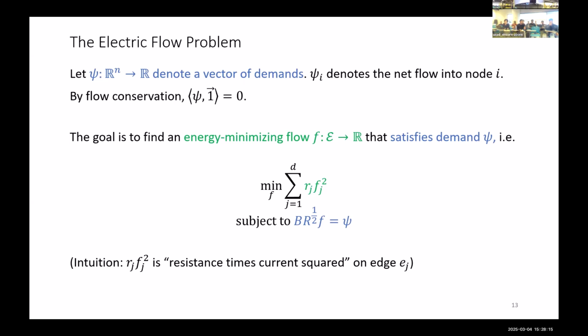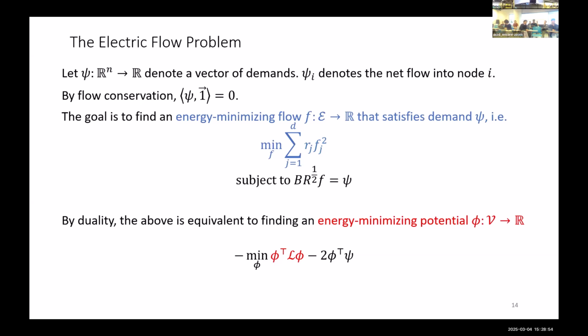This constraint basically encodes that this flow must route the correct amount of flow into and out of each vertex. At the same time, there are many flows which will satisfy this constraint, and we want a flow which minimizes the energy given by this objective in green. Intuitively, R represents the resistance of an edge. And so R times F squared is the resistance times current squared, which, as we know from high school physics, is the energy of an electric flow.